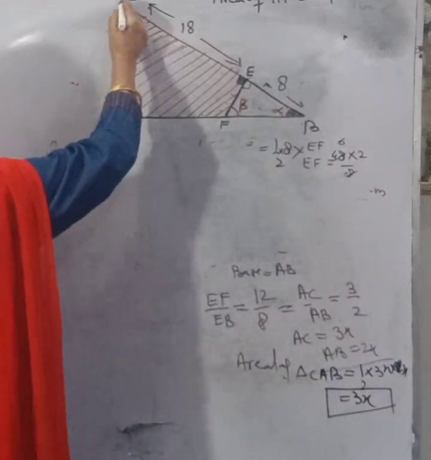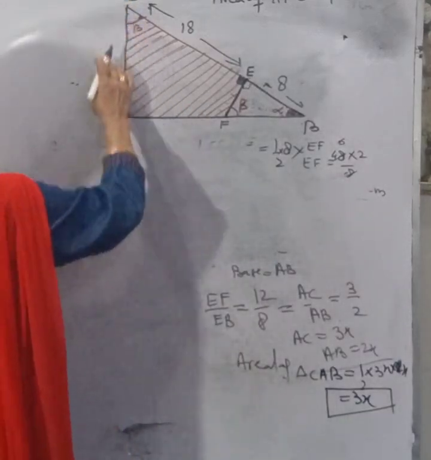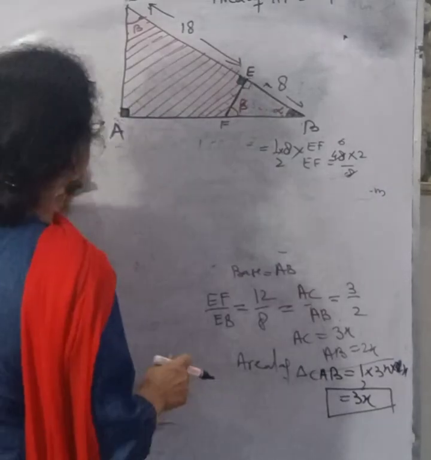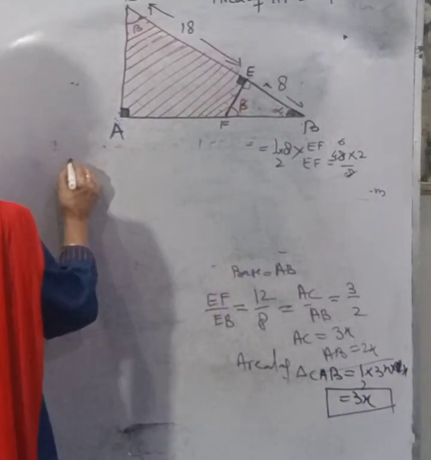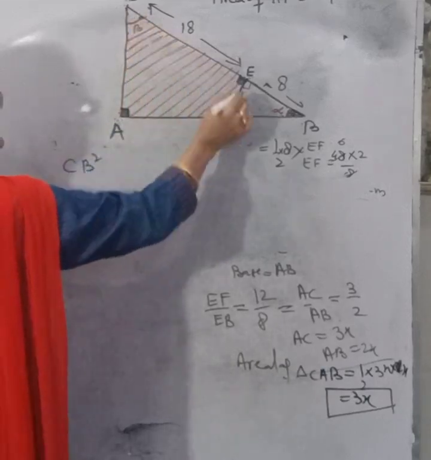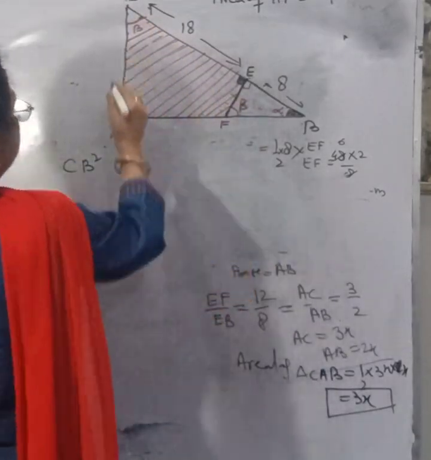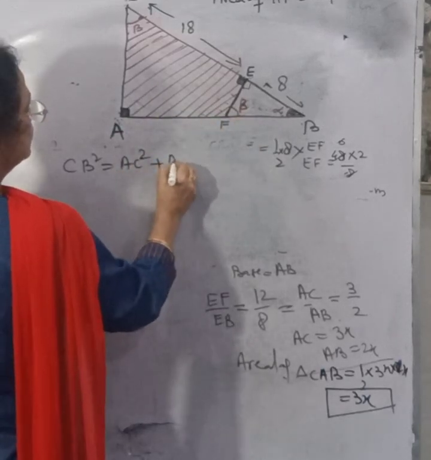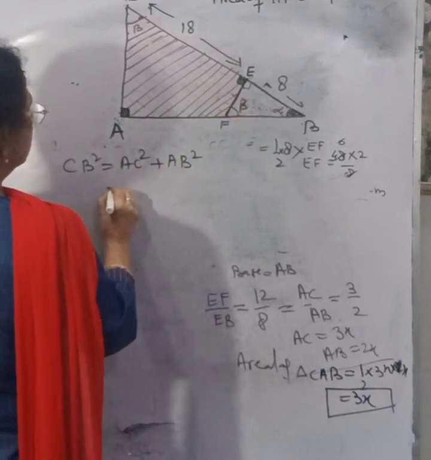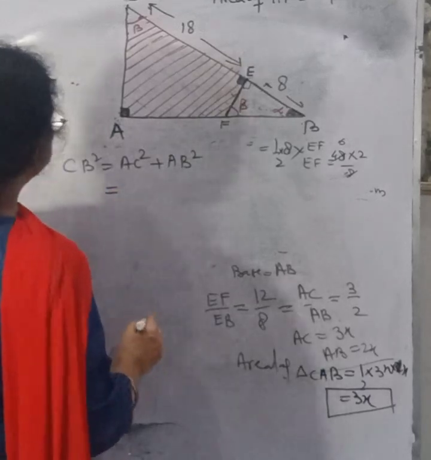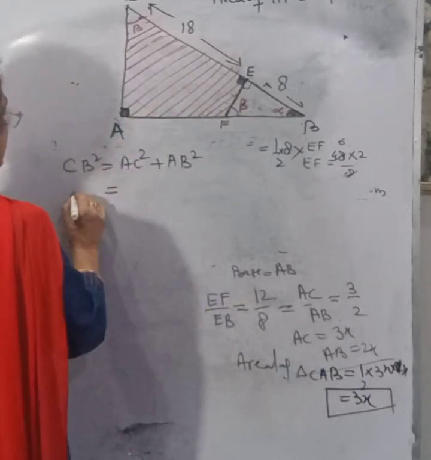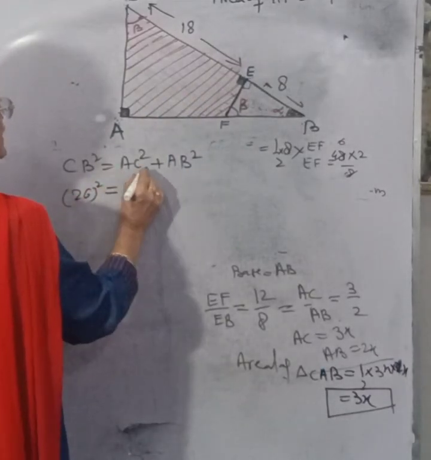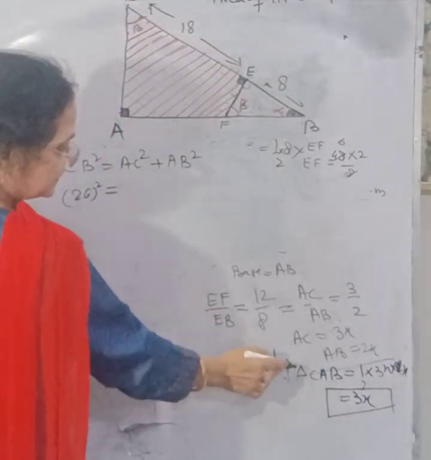is equal to, in this whole triangle CAB, CB square, which will be equal to AC square plus AB square. That is 18 plus 8, 26 square.